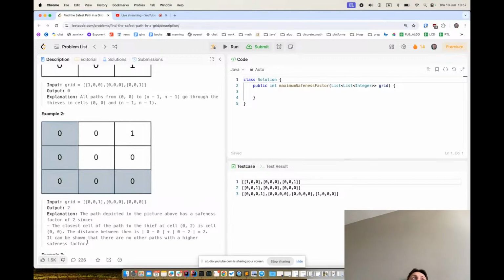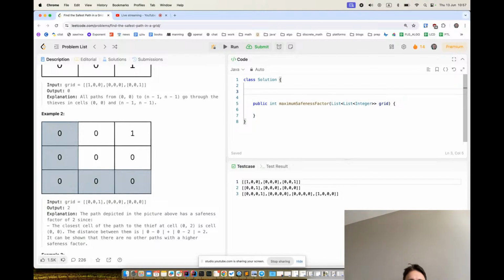All right, great. So let's first think about this question. We are given a grid with cells 0 and 1, and our task is to find safe paths.